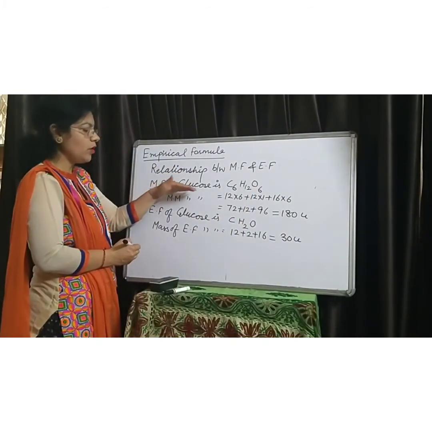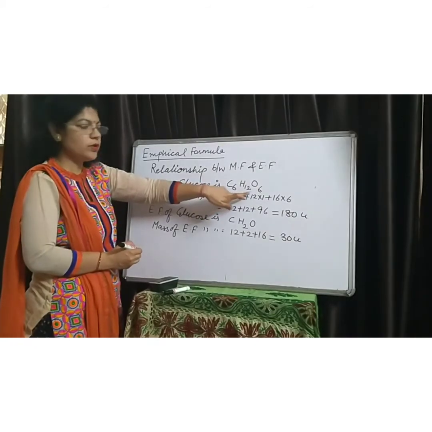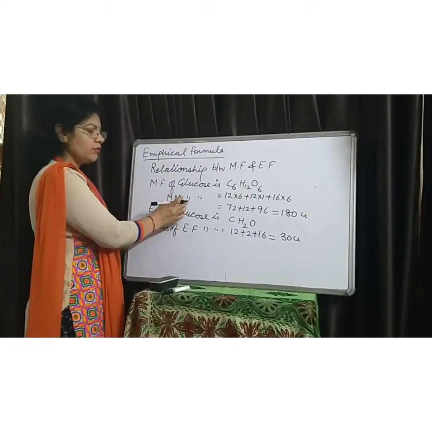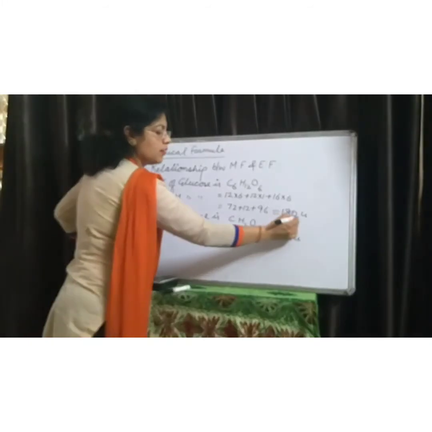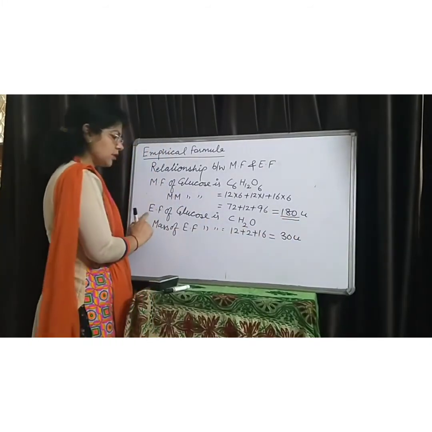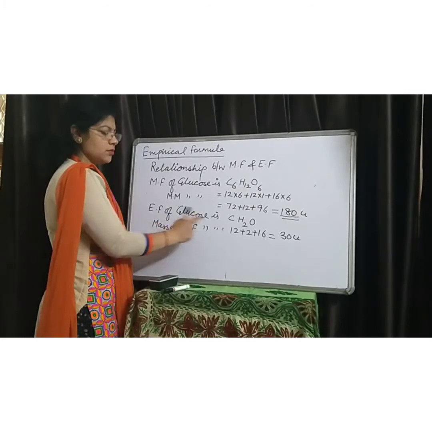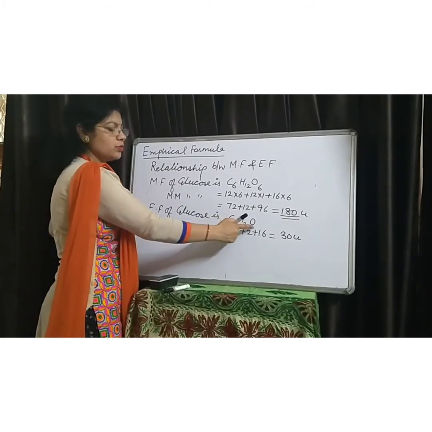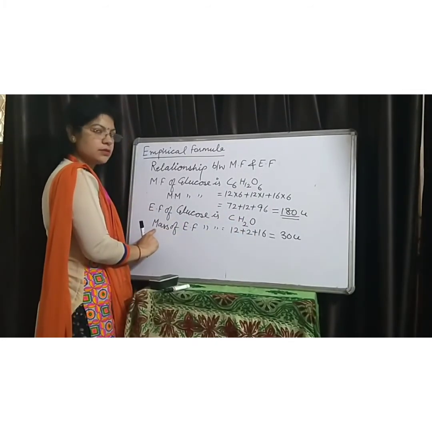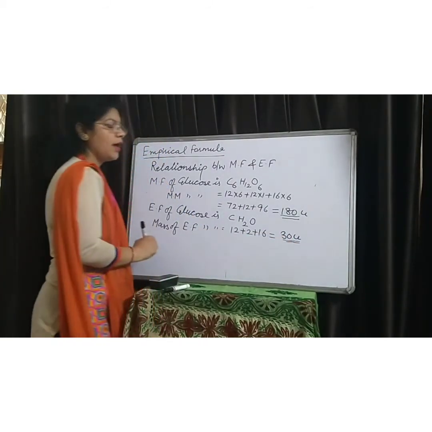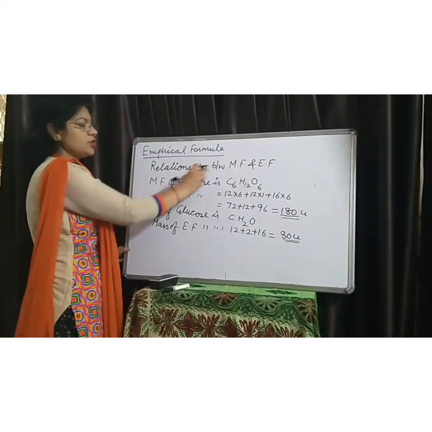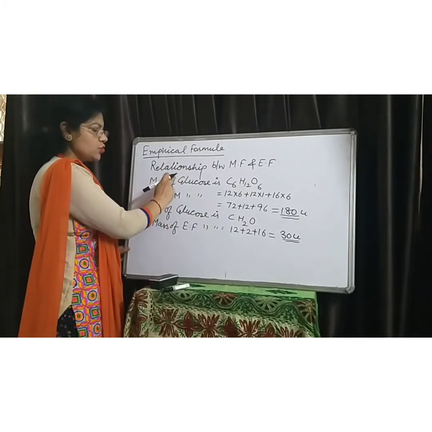The molecular formula of glucose is C6H12O6. Then we have to calculate its molecular mass. It comes out to be 180. Next, the empirical formula of glucose CH2O has mass 30 u. And we have to find the relationship between these two.